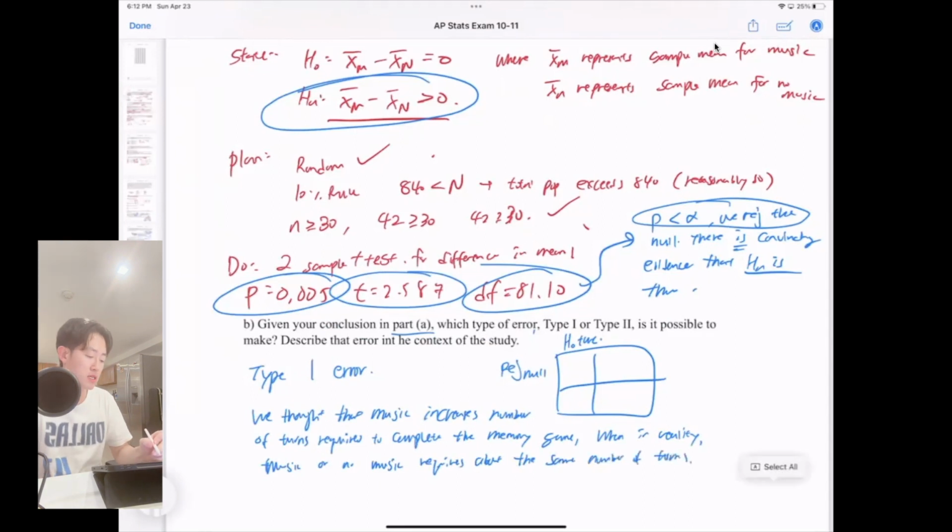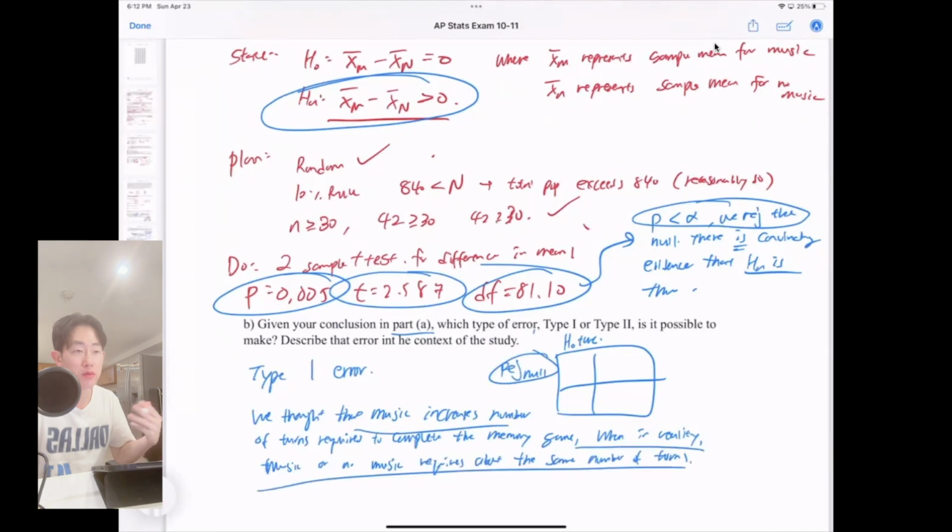So what that means is you rejected the null, saying that, you know what, music does increase the number of turns, it gets you distracted more, but in reality, it was just about the same, because the null is true. So listening to music or not listening to music, they actually do end up with the same result of taking as many turns to complete the memory game.